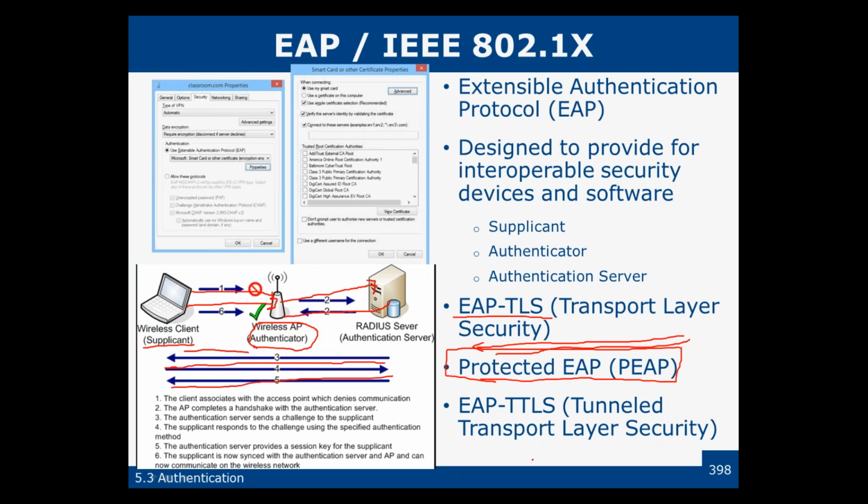I'm sorry, the TTLS, tunneled transport. When you see TLS, think certificates, transport layer security. Think certificate on those things. Both of them are configured with a certificate. The TTLS uses a server-side certificate to establish a protected tunnel.